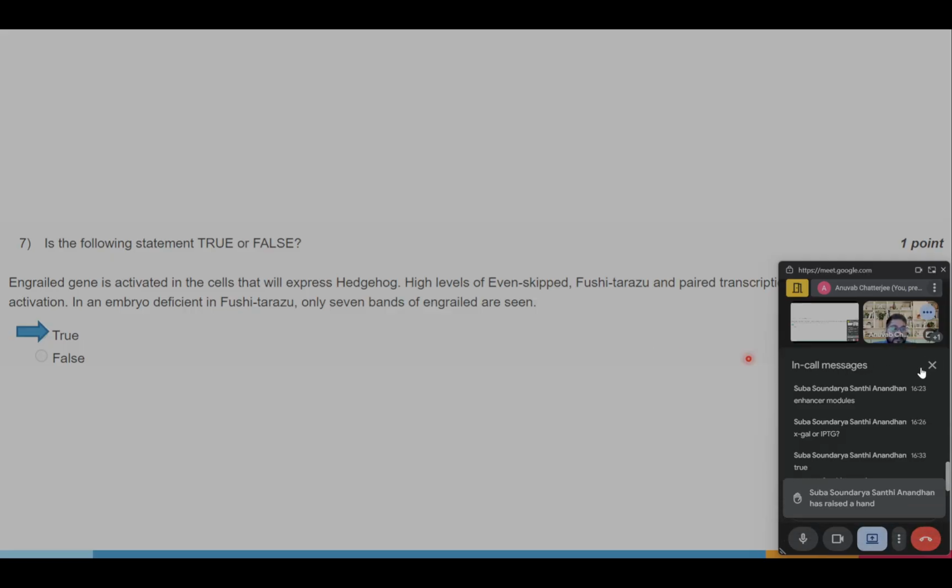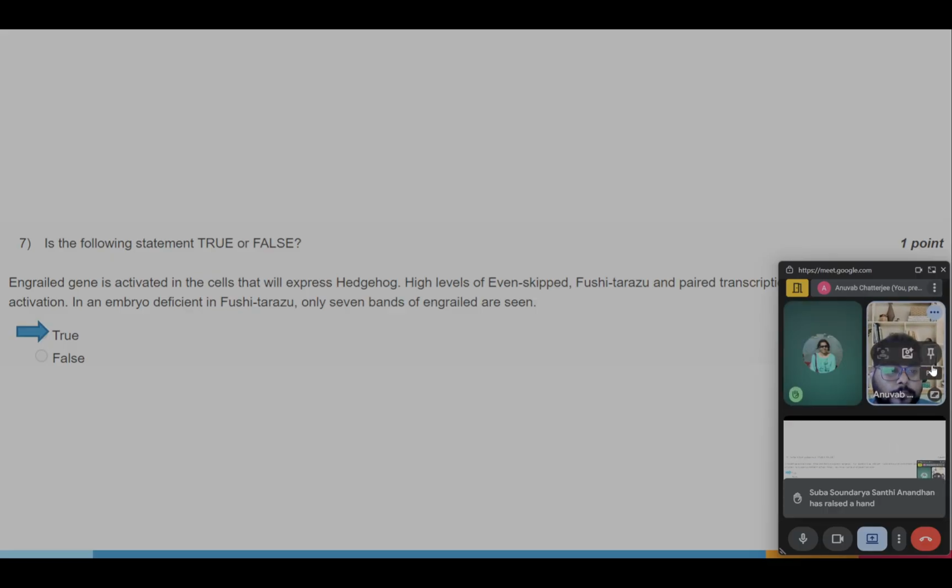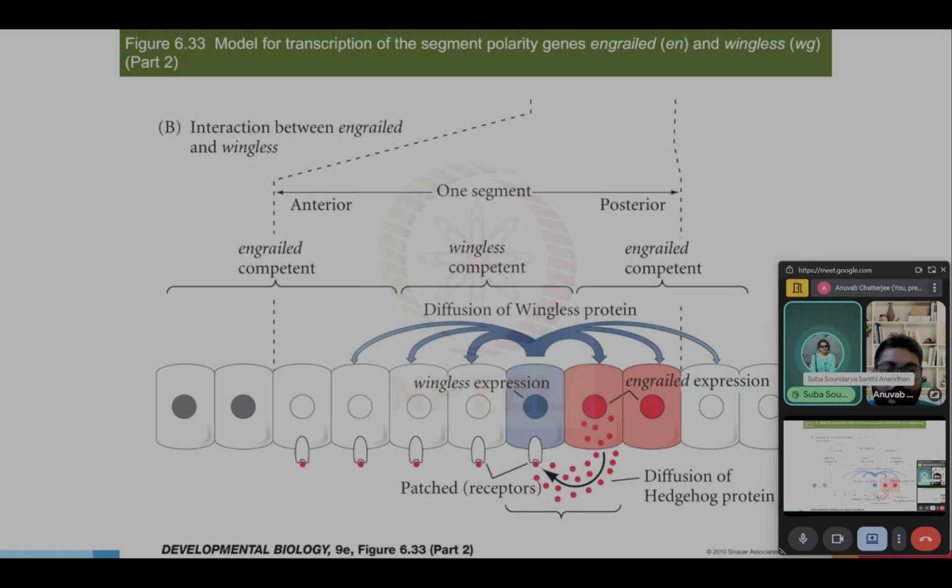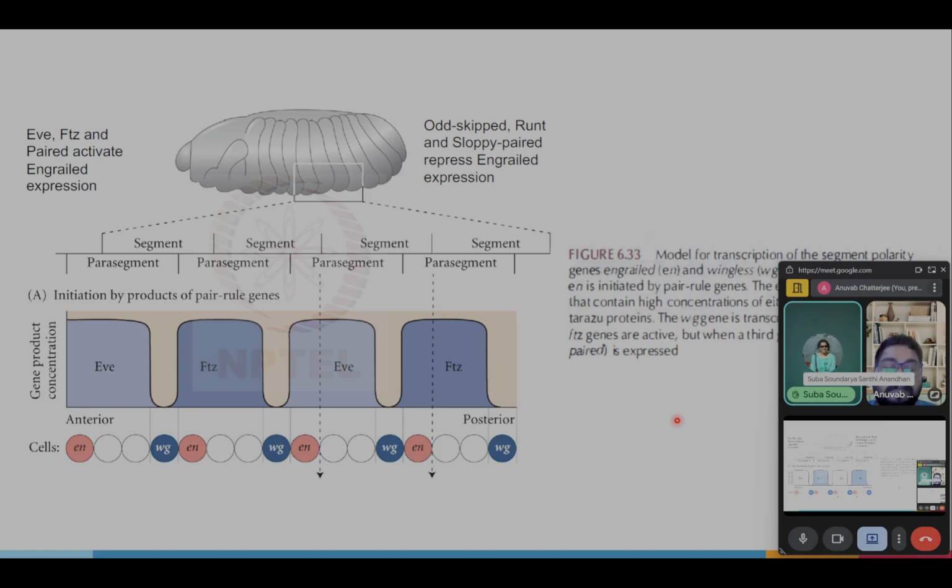Yes, Suba? What I'm not getting, even from the lecture that I listened to, is this: this is after cellularization, a very late stage embryo where all the segments are formed.